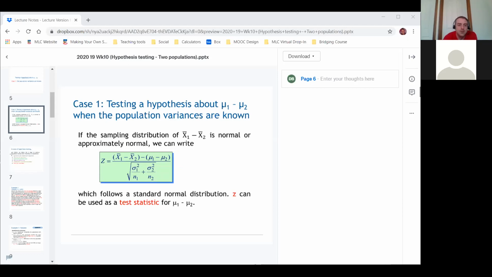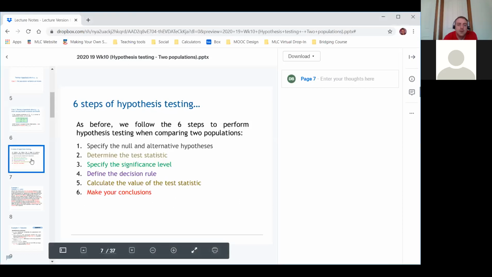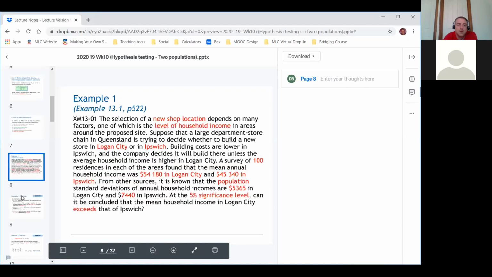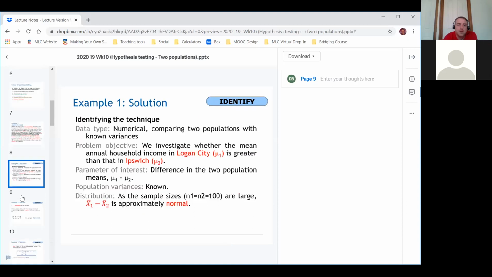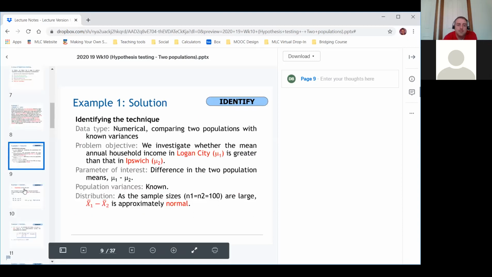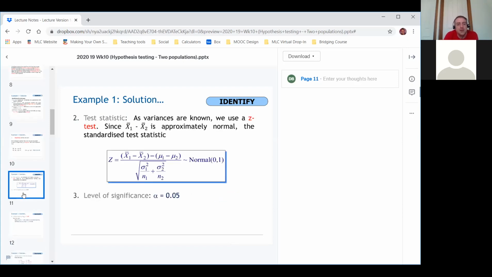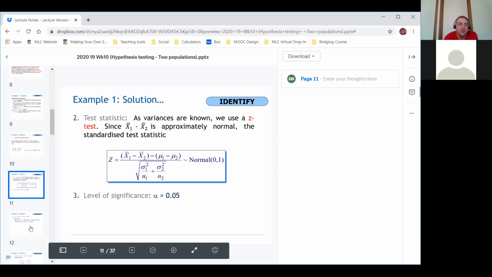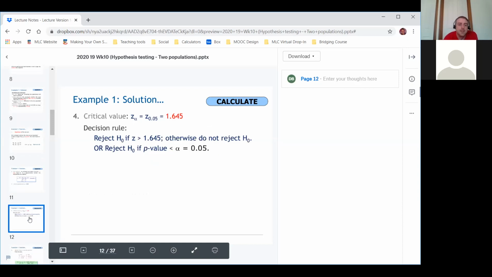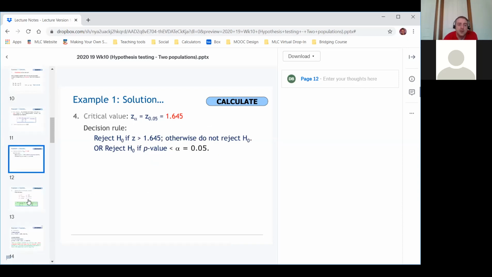Okay, well, let's see what else we can find. Populations are approximately normal. Okay, so this is saying it's Z, which is from the normal 0, 1, the standard normal. All right. So I'm actually just trying to look for the differences between these things.